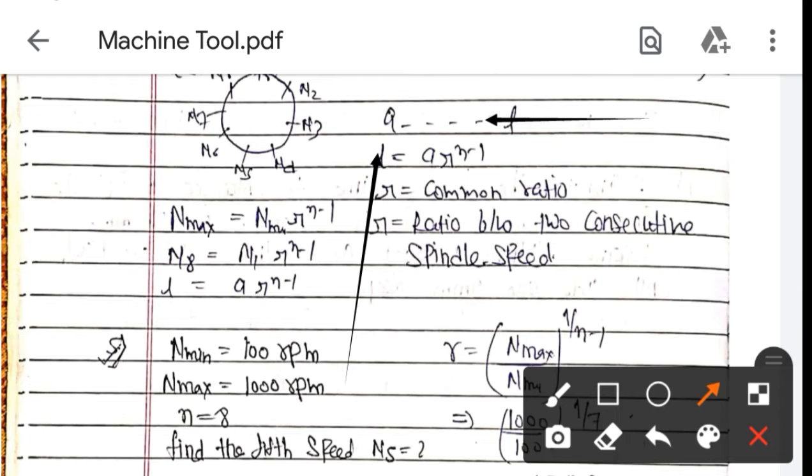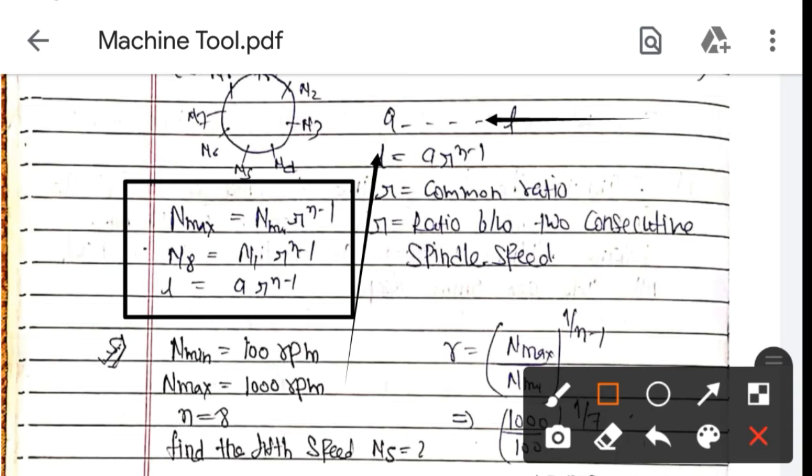Here n is the total number of speeds, the range of the speed. So the important formula to keep in mind is N max equals N min into r to the power n minus 1.